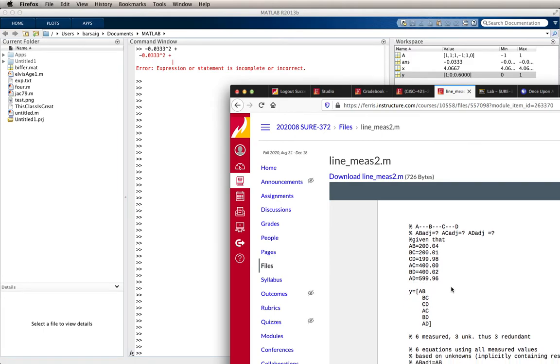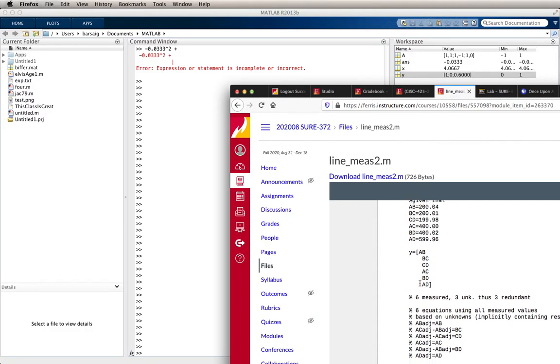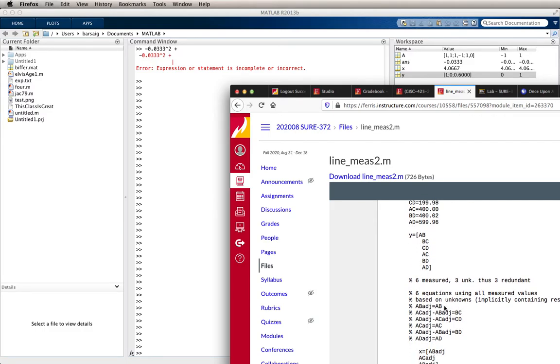So now we have to write down our 6 measurements. We have to write down 6 equations, the measurements as a function of the unknowns. And these are our 6 measurements.